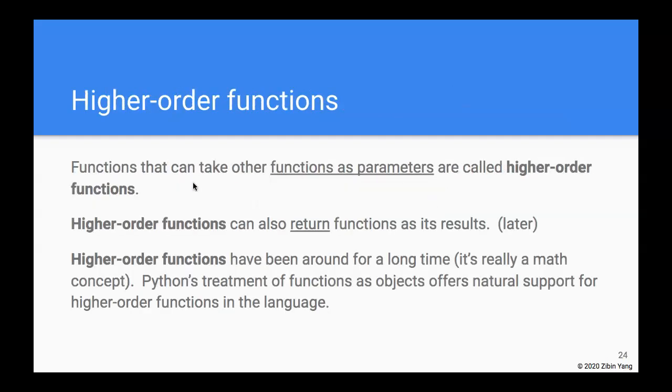Functions that can take other functions as parameters are called higher order functions. Higher order functions can also return functions as results, but we're not going to talk about it in this video. We're going to focus on the first type.